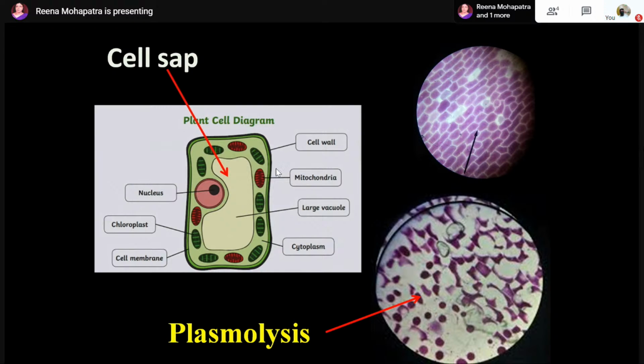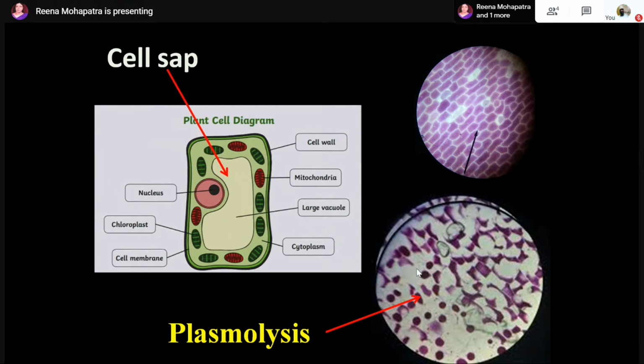Let's take that these cells have been kept in hypertonic solution. So first, from the cytosol, water will go out. To balance water in the cytosol, from the vacuolar sap, water will again go into the cytosol. Understand? As a result, you will find that gradually the size of the vacuole will decrease as water is going out.